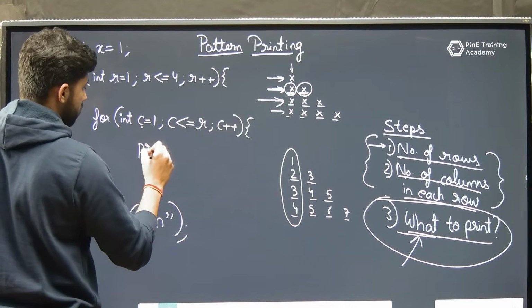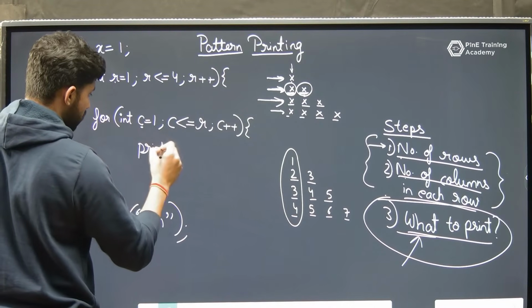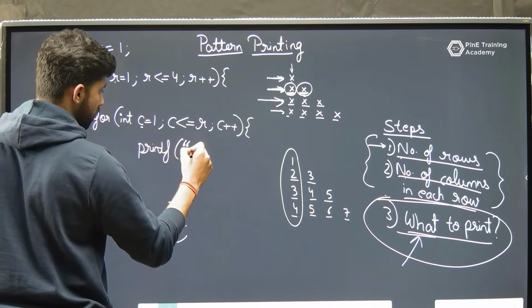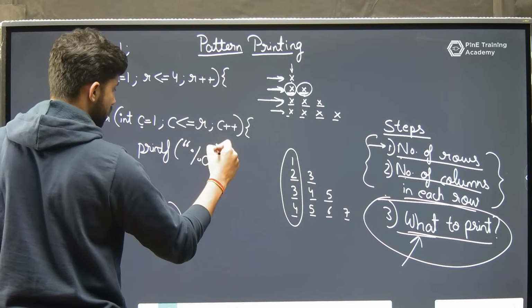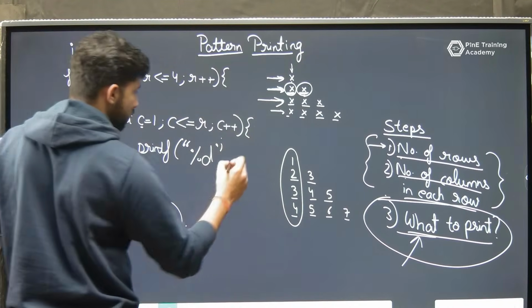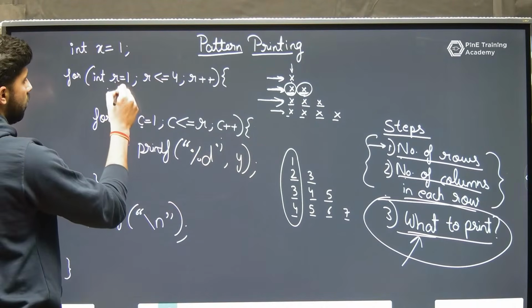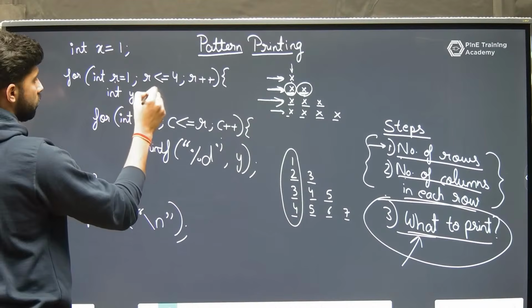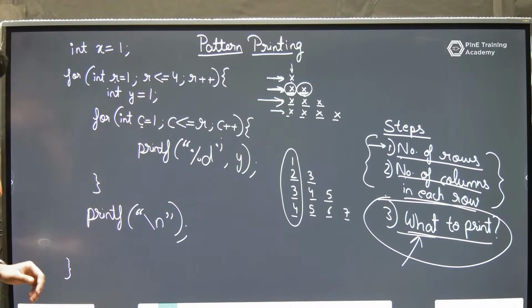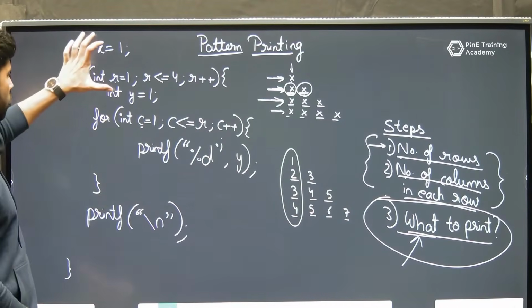And let's print another number. I'm taking like this. Okay, I've taken two numbers.